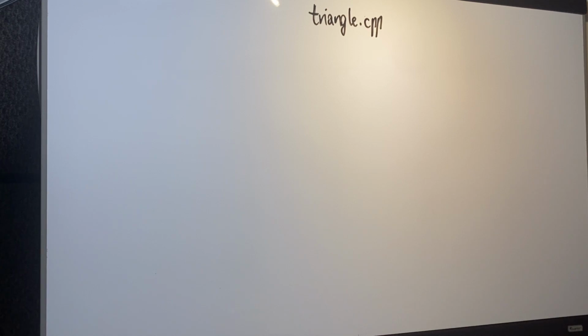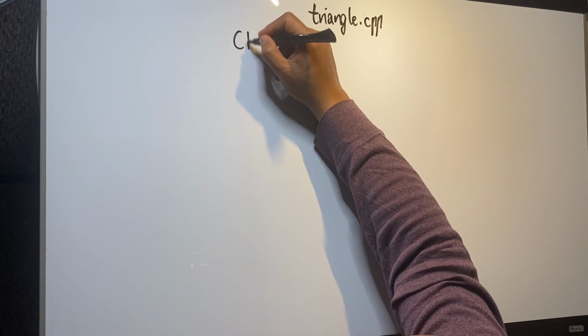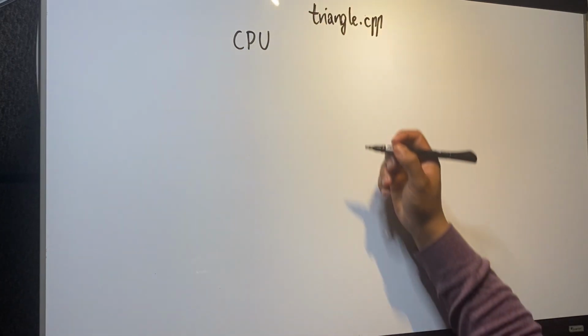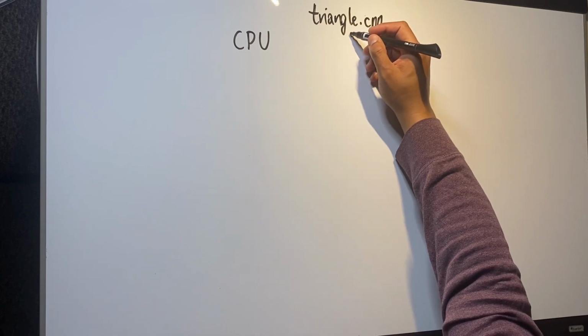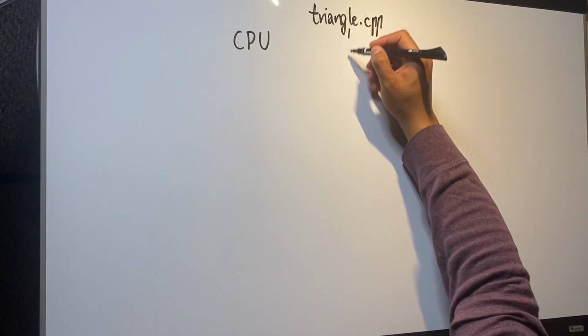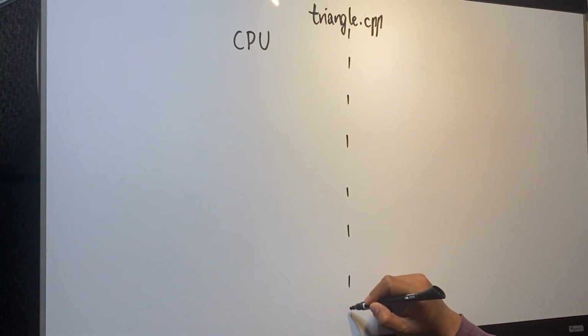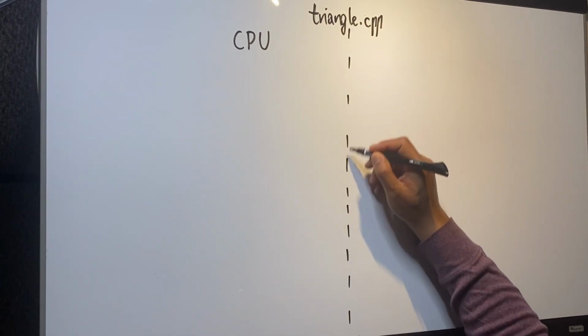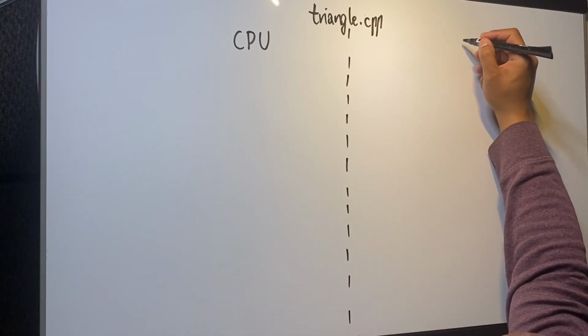All right, so as you should know by now, because you've been watching my videos, a fence is synchronization between CPU and GPU. So we're going to have our CPU, and then we have, let's say, a dividing line, and then we have our GPU.